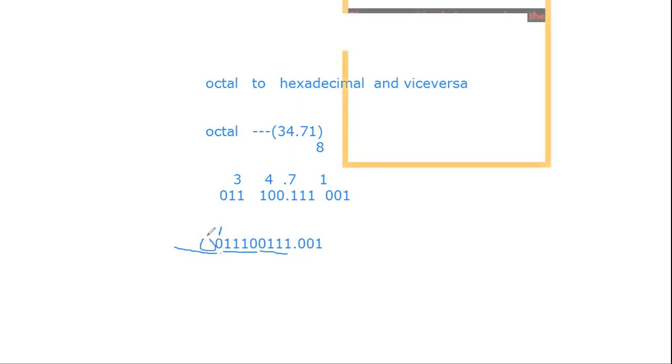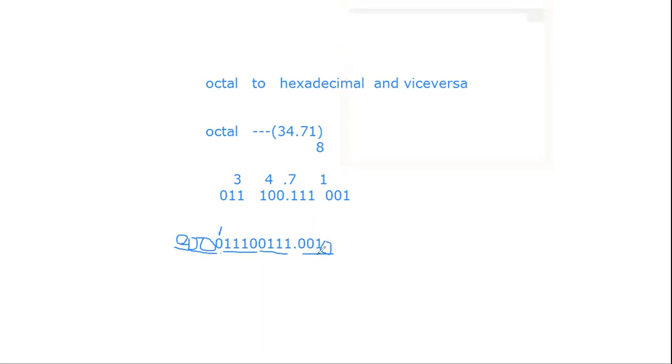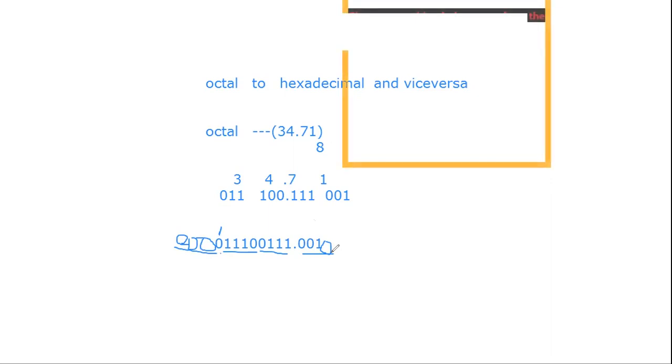Adding 3 zeros, totally 4 zeros, which is equivalent to 0. For the fractional part, 4 bits must be there, so compulsorily we add a 0 on the right-hand side, because 4 bits in binary is equivalent to 1 bit in hexadecimal. That must be remembered here.